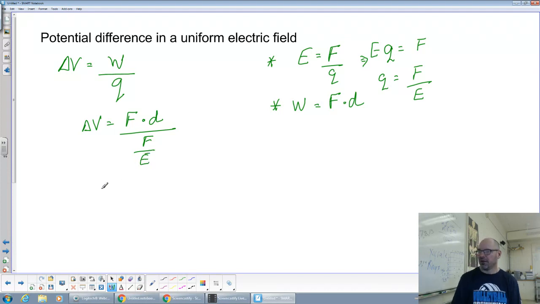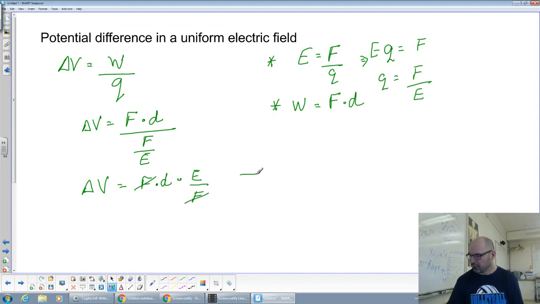Now you're like, okay, well, that's kind of weird. Well, we can easily cancel out the F's, but we have 1 over E. So remember, we have to take the reciprocal and multiply when we're dividing by a fraction. So we're going to multiply by the reciprocal of this because this is a fraction, and the F's will cancel out.